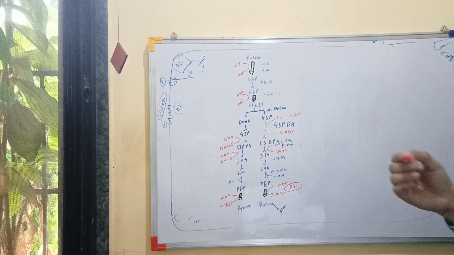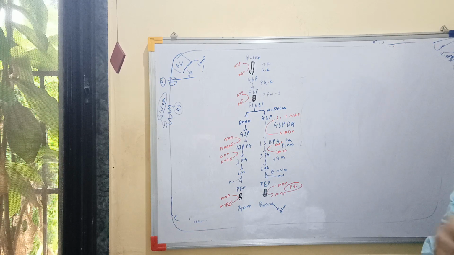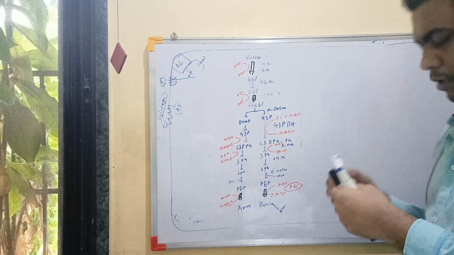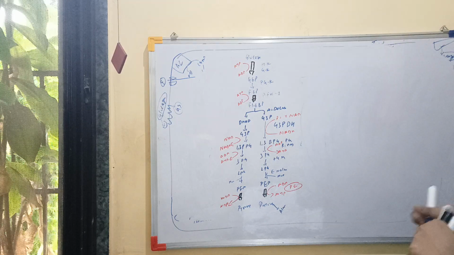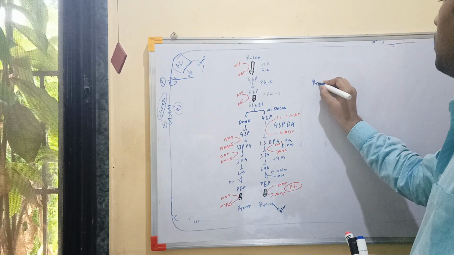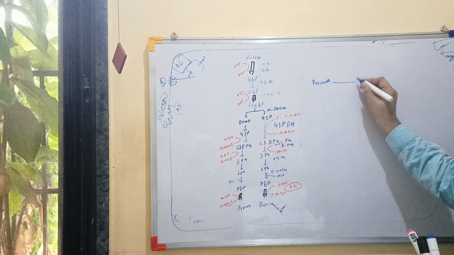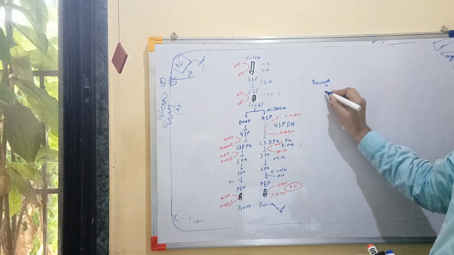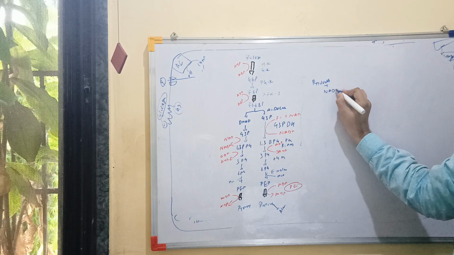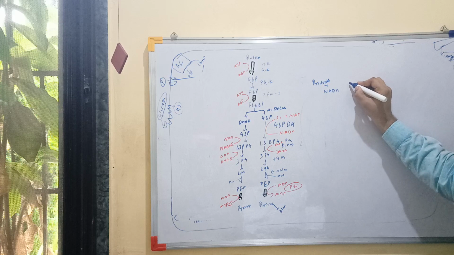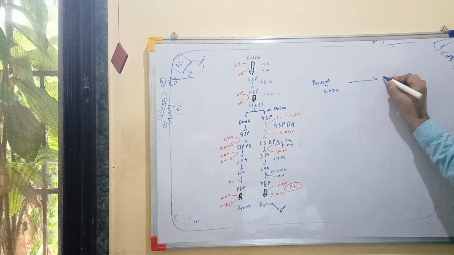So when we talk about anaerobic glycolysis, there are two things. One is conversion of your pyruvate to lactate. You take pyruvate and you also take the NADH we have got from this reaction, and then you convert it into lactate.